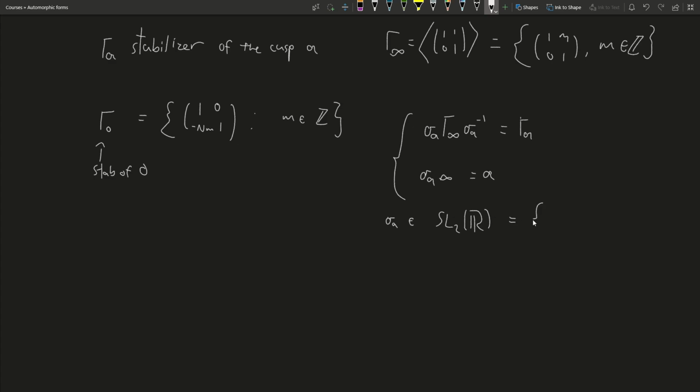SL2(R) is the set of 2x2 matrices with real entries, and the determinant has to be 1. So this matrix in SL2(R) is said to be a scaling matrix.